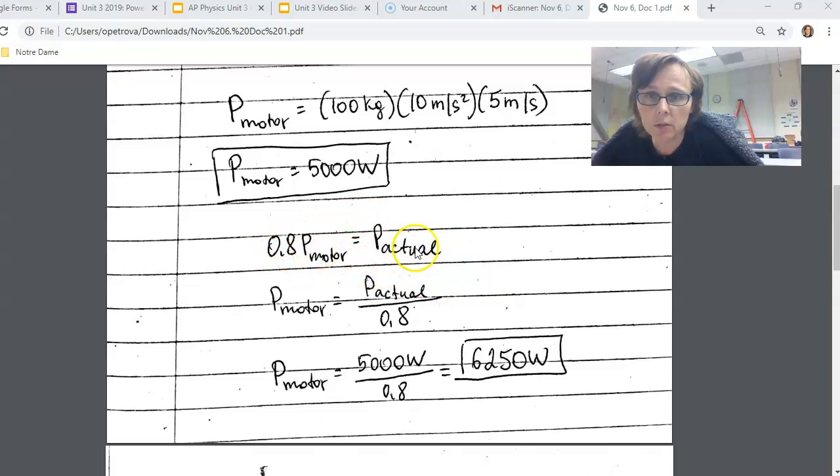So we can construct the following relationship. 0.8, which is 80% of the motor's power, should be equal to the actual power, from where the motor's power should be equal to the actual power divided by 0.8, which brings us to 6,250 watts.